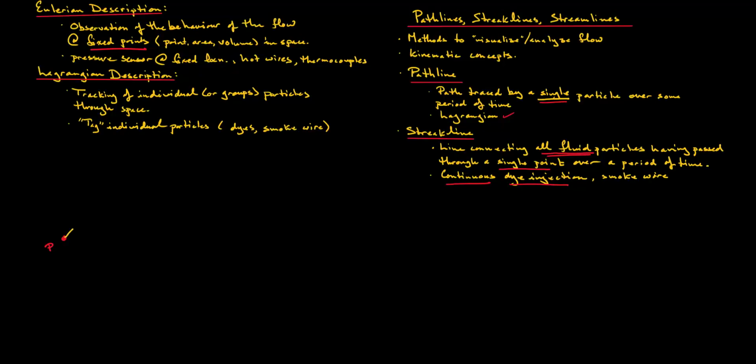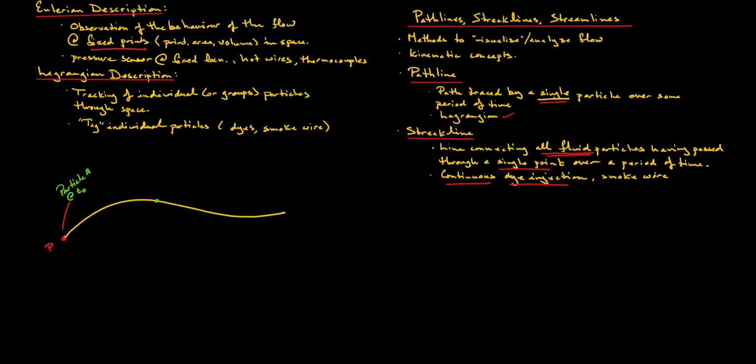So let's look at a pathline. So over here, let's say we could have particle A at T naught. Okay, so at a certain time, we have a particle, which we will call particle A, which passes through point P. So recall the pathline is a path traced by a single particle. So this pathline here would be the curve describing that same particle.